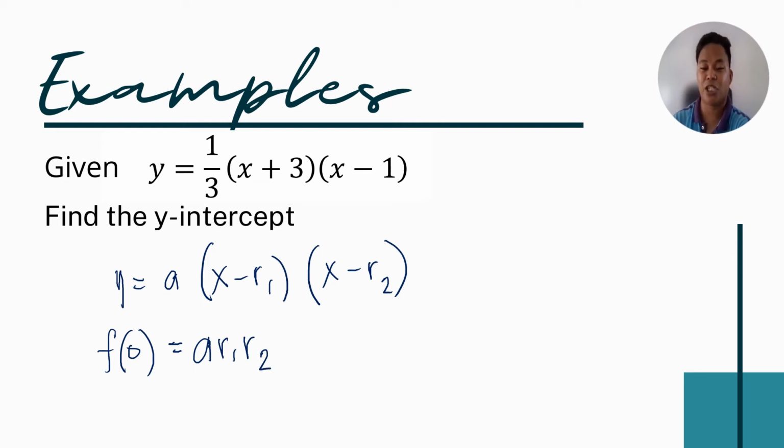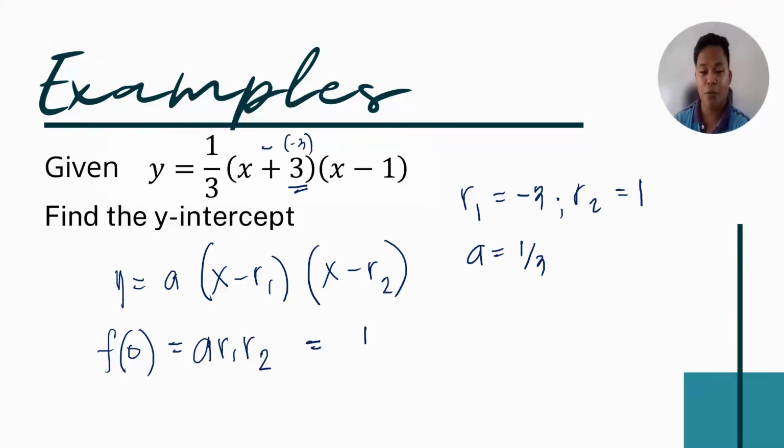In this given function, r sub 1 is equal to negative 3, since here it is plus and here it is minus, right? So, we have negative times positive 3. And r sub 2 is equal to 1. And the value of a is equal to 1/3. Substitute the values of a, r sub 1, and r sub 2 in this given formula.